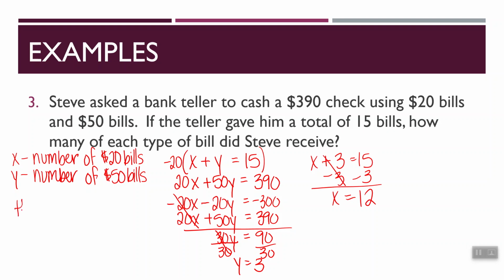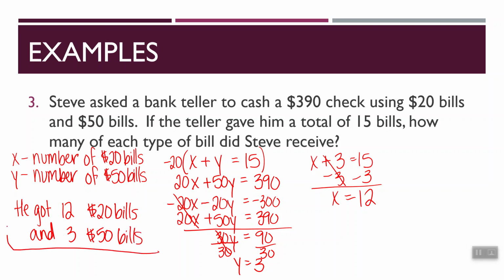So he got 12 $20 bills and 3 $50 bills. And that's the only combination of bills that would work like this, where he got 15 total bills that equaled $390.